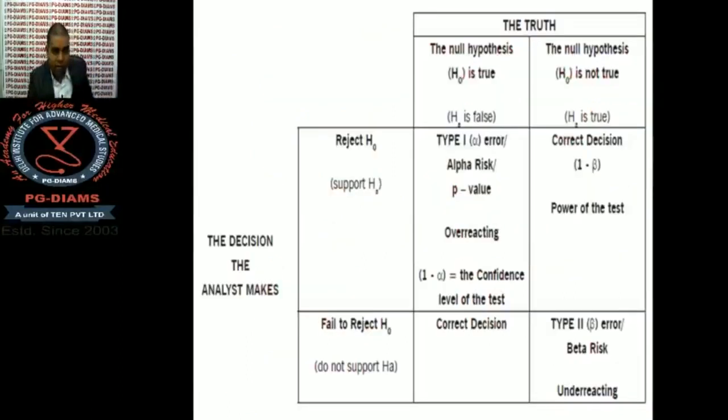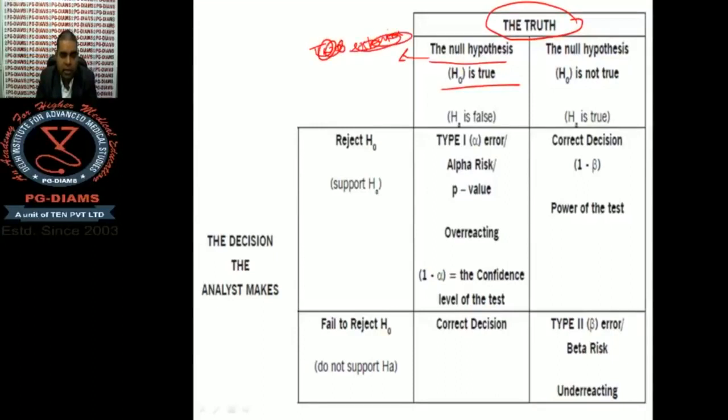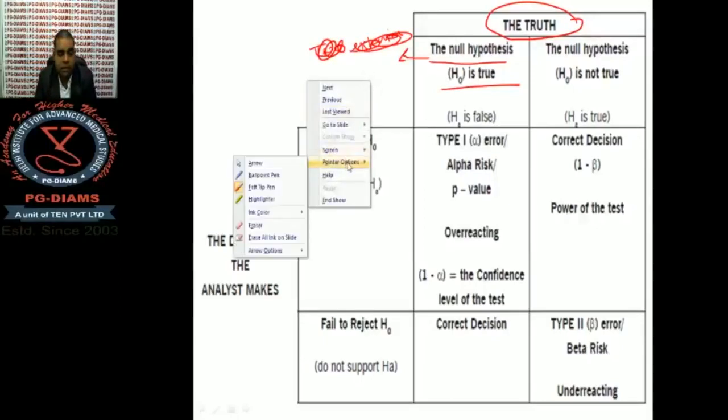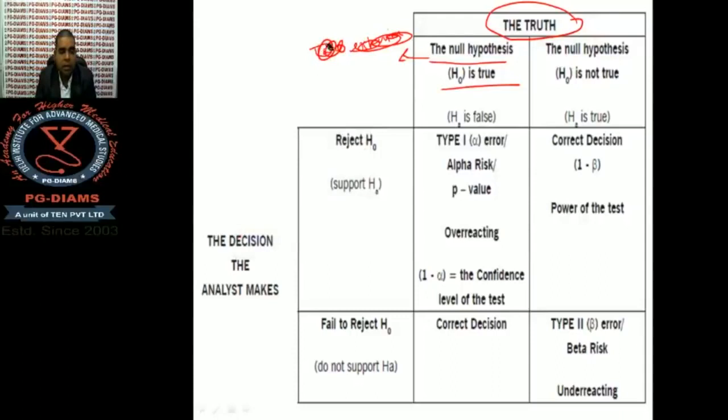Let's get it more clarified with this table. See, in this table, in the upper right hand side, I have written the truth. The truth, first, the null hypothesis is true. What does it mean? Null hypothesis is true means two experiments or the intervention is similar to the previous one.